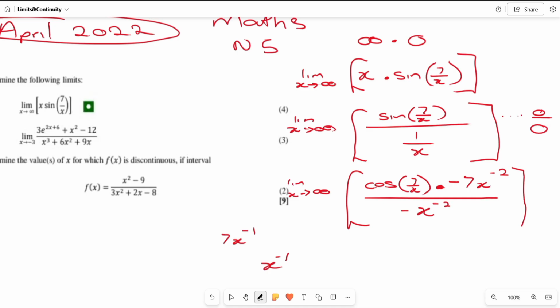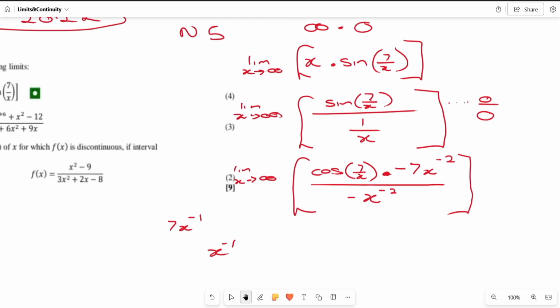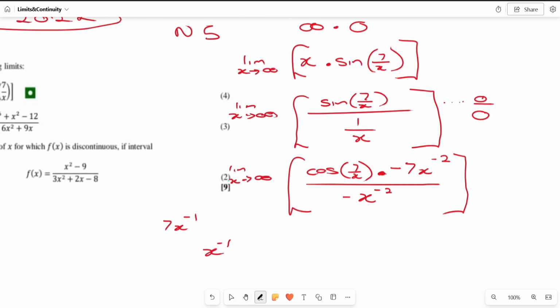Right. So when you reach this stage, you might even panic and say, if I substitute x, infinity, over here and over here, it already means that the top itself is infinity over infinity, because if you put infinity, it's going to be negative infinity, right?